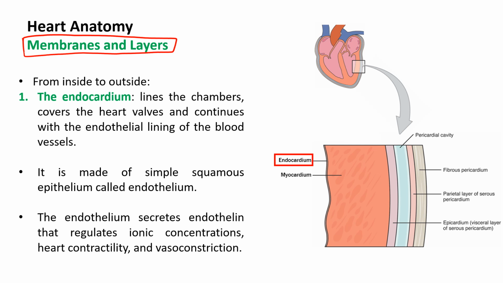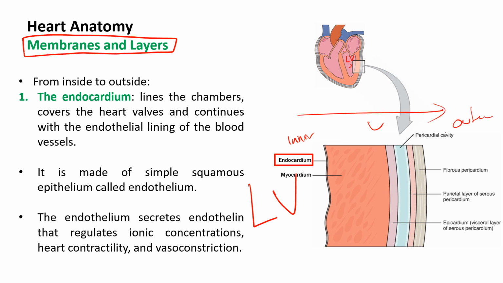Okay, so to see that, we need to take a little piece of heart. If we magnify this, we know that this is the left ventricle, so I'll put here LV for left ventricle. So this is the inner and this is the outer part, right?